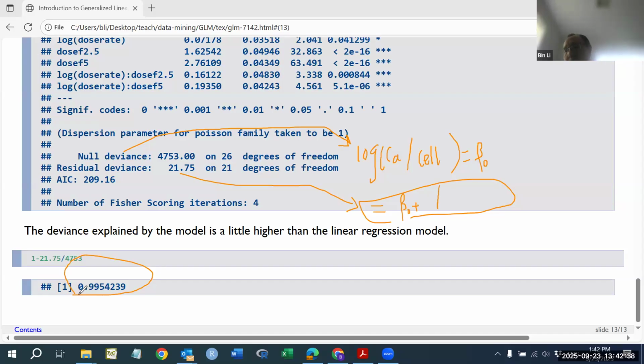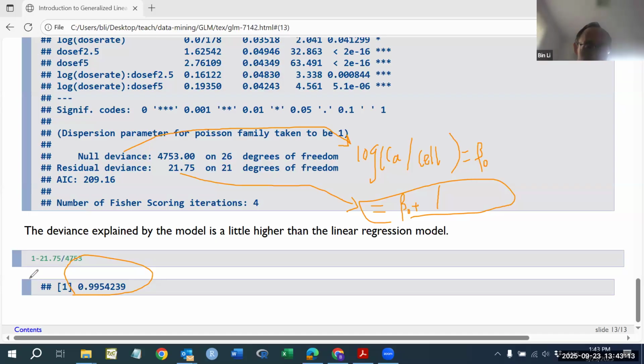So that shows the effectiveness of including the cell size as the ratio. Okay, so we model the ratio using the log of the dose rates and dose amount and their interactions, and the proportion of deviance explained is over 99%.